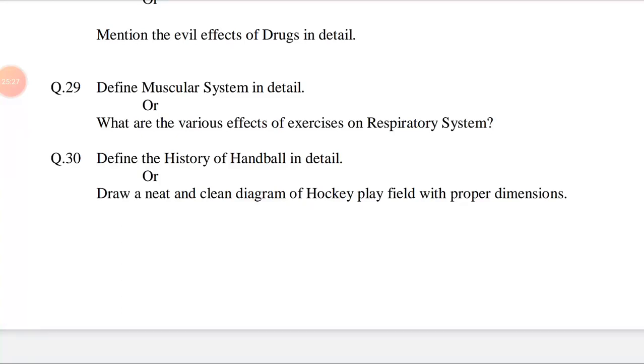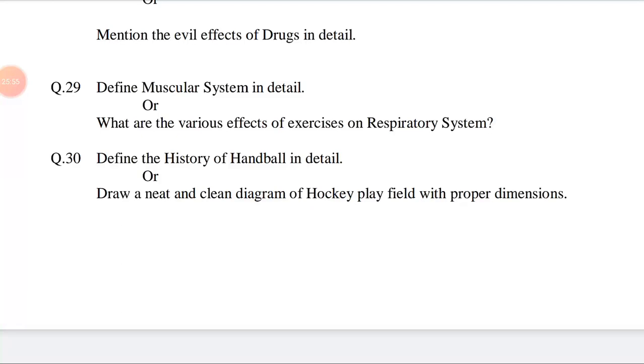Detail means give full information or describe it. The answer may be cause a damage to nervous system, cause a damage to cardiovascular system, eyesight badly affected, coordination of body affected, etc.